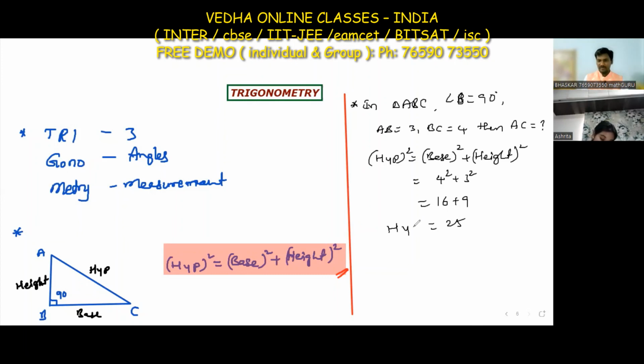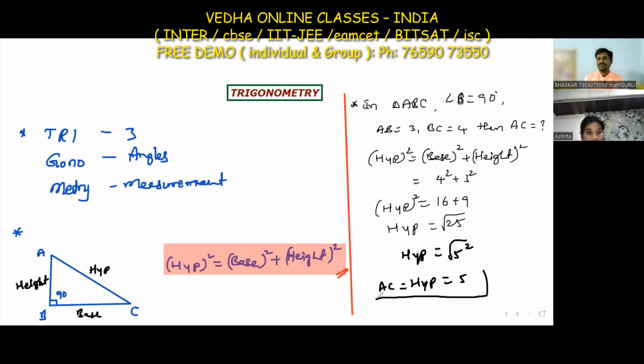So hypotenuse square is equal to 25. Hypotenuse is equal to root 25, which is 5. That means AC, the hypotenuse, is equal to 5.